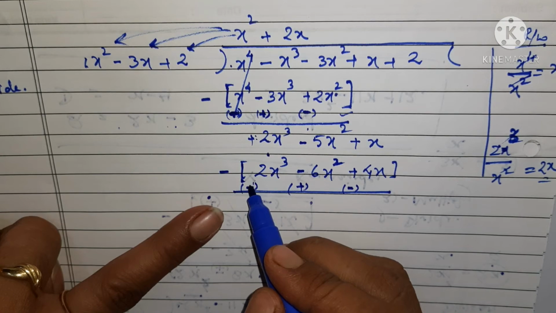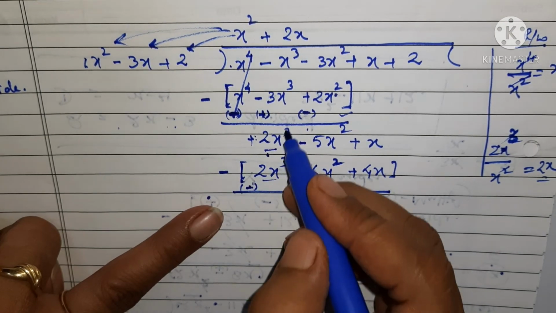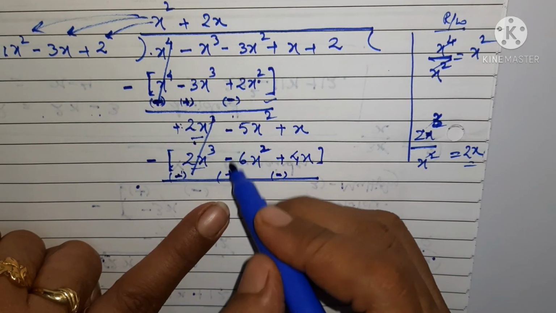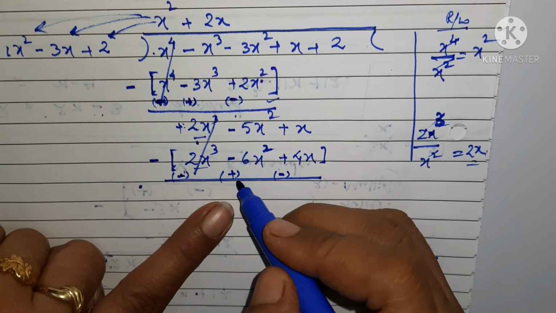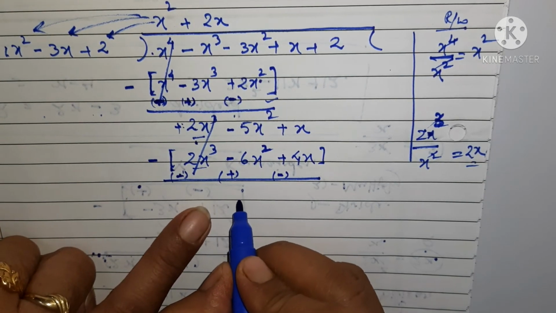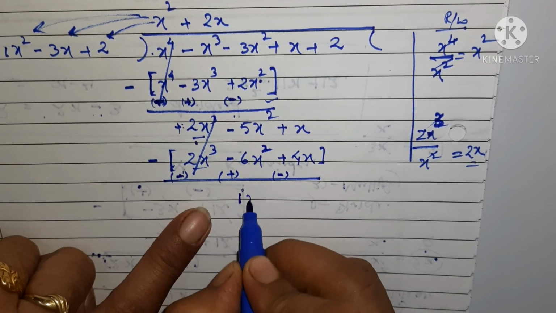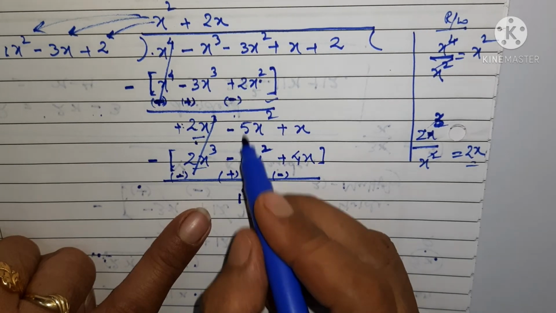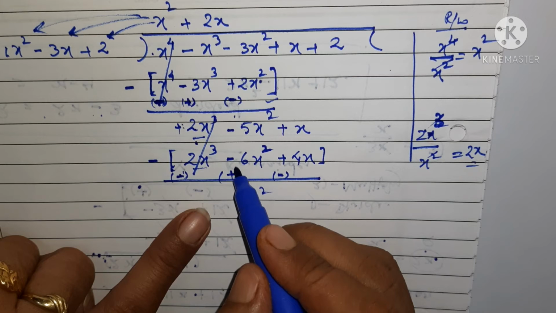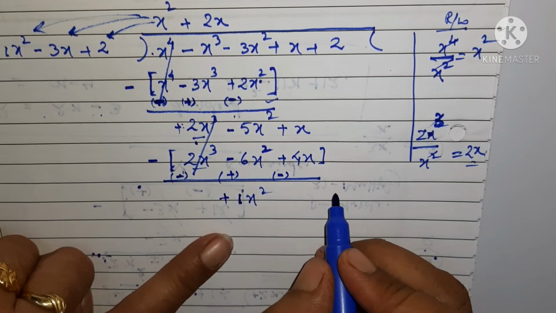These two signs are different, but these numbers are same, so they will cancel out. Next, the signs are different, so obviously you have to subtract. So 6 minus 5 will give you 1x square, and the sign of the bigger number, that is plus.